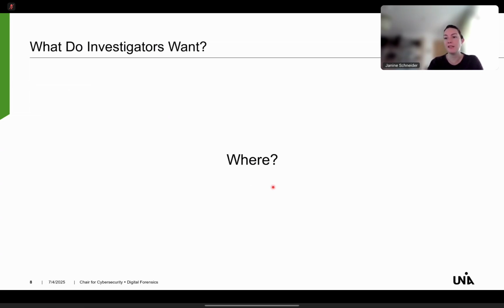Then you can say, okay, the crime scene is obviously the place where the body was found, or it's at least associated to the crime. And for the digital domain, it's sometimes difficult to determine where the actual criminal offense happened.